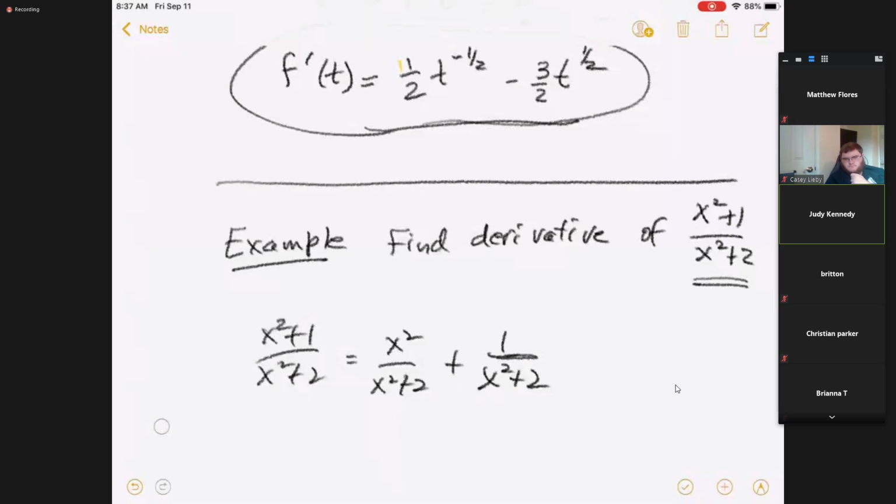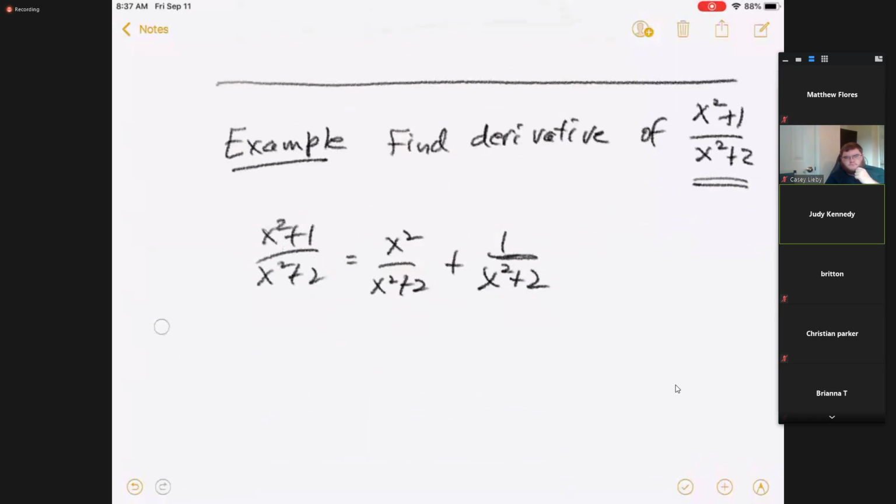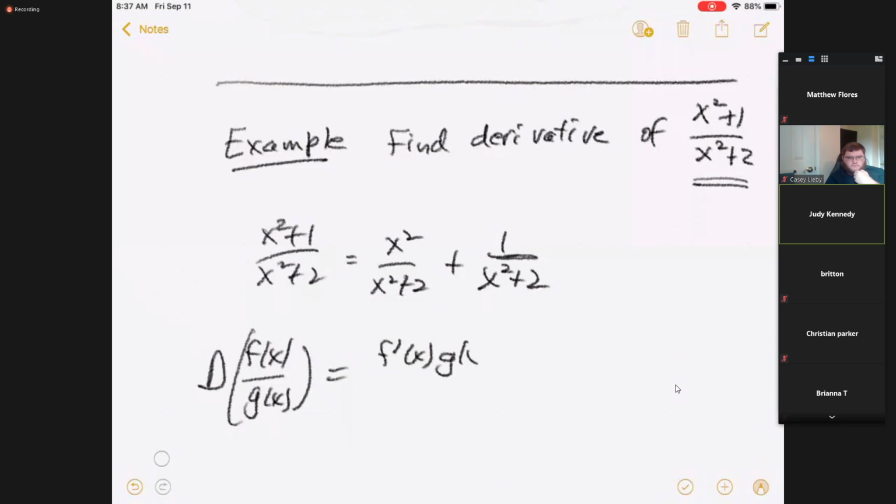Before you can cancel, you have to have factors, products, not sums. Okay, but I can use the quotient rule. I have a function of the form f of x over g of x, and the derivative of that, according to the quotient rule, is the derivative of the top times the bottom minus the bottom times the derivative of the top over the bottom squared.